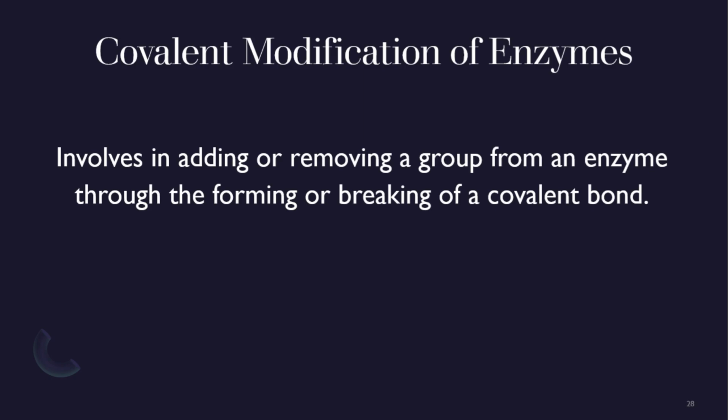The process of adding a phosphate group from an ATP molecule is called phosphorylation, while the removing of a phosphate group is called dephosphorylation. The protein kinases catalyze the addition of phosphate groups, and the phosphatases catalyze removal of the phosphate groups.